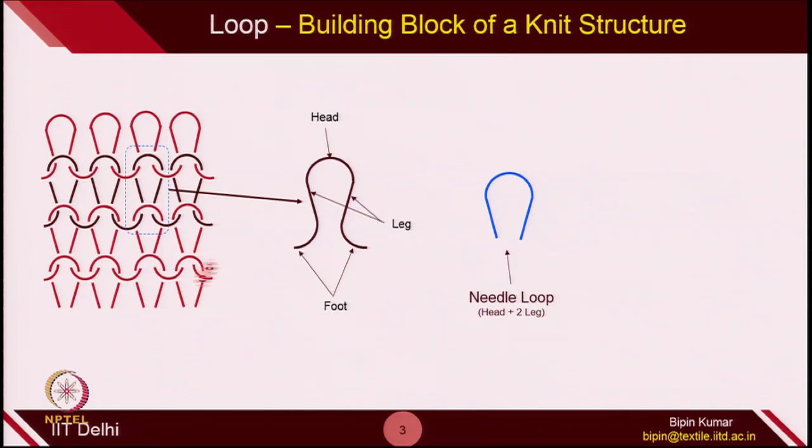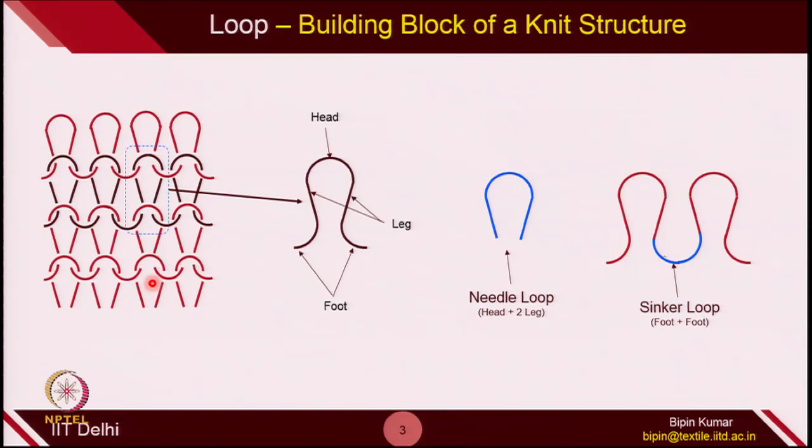During fabric formation, the needle helps to create the head and 2 legs part. That is why it is called needle loop, because the needle has the major contribution in making this part of the loop. Apart from that, we have another segment in this fabric which is called the sinker loop.